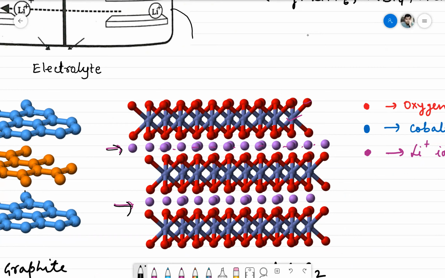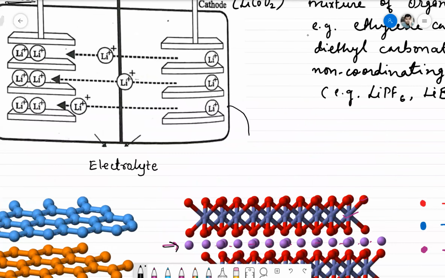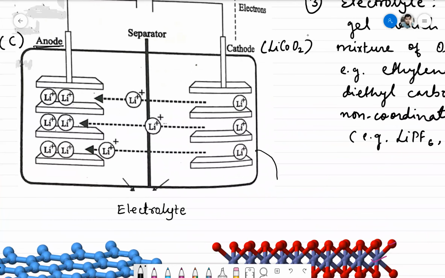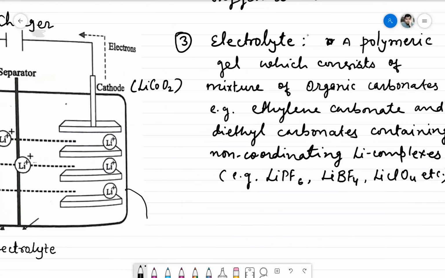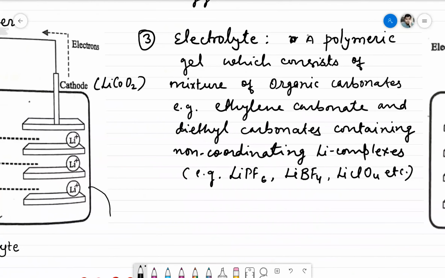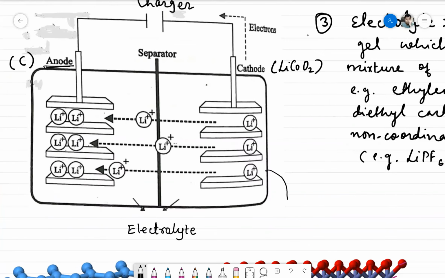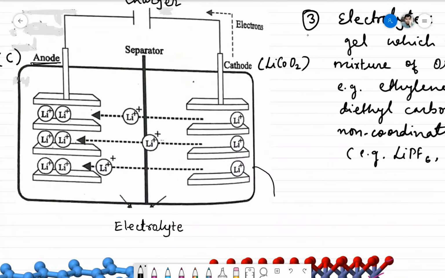These lithium ions are free to move out and in without destroying the cobalt oxide lattice during charging and discharging of the lithium ion battery. The anode and cathode are dipped in the electrolyte, which is a mixture of carbonates and lithium ion complexes.